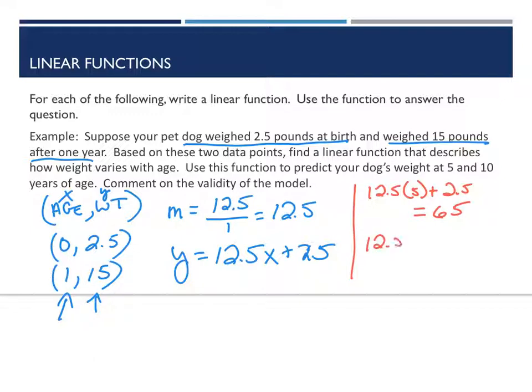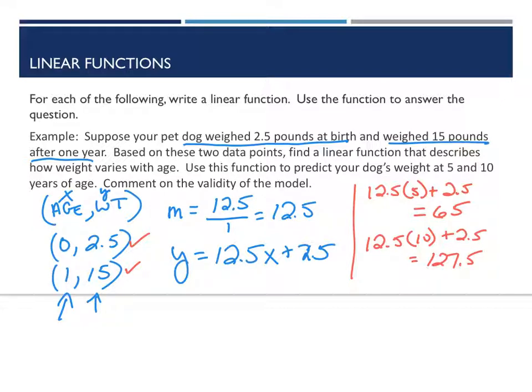And at 10 years old, and this is comment on the validity of the model. That's because we did everything right, but the problem doesn't make any sense. If you've got a puppy that weighs 2.5 pounds when it's born and it is only 15 pounds at 1 year old, that's a small or a skinny dog.